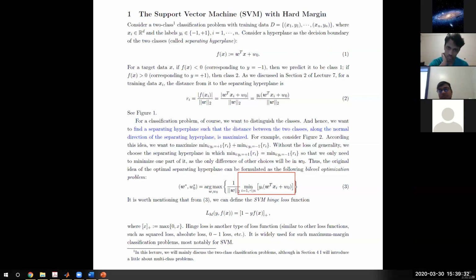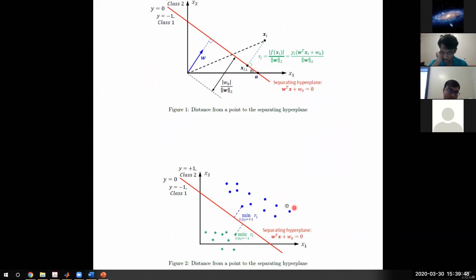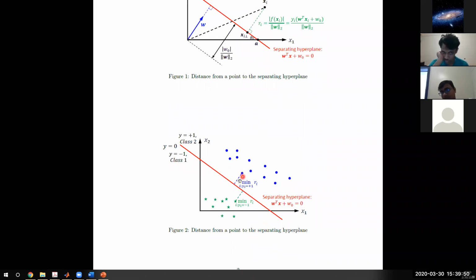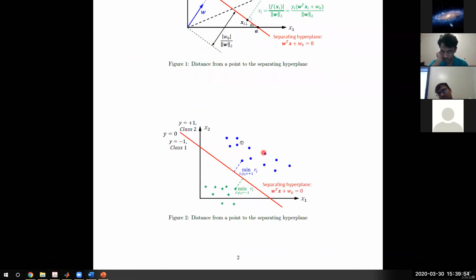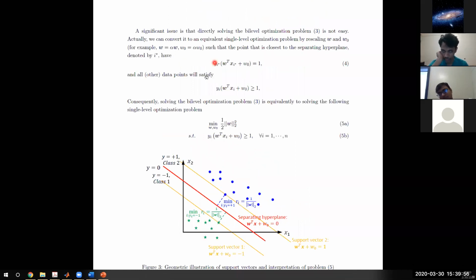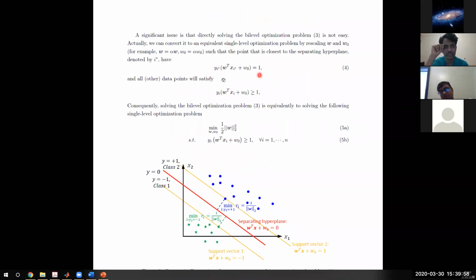Solution means which i you choose. You're gonna choose I star. And the optimal value of this one must be 1, right? Because we have rescaled the W and the W0 such that at these I star points, which are closest to this separating hyperplane, I already have this.